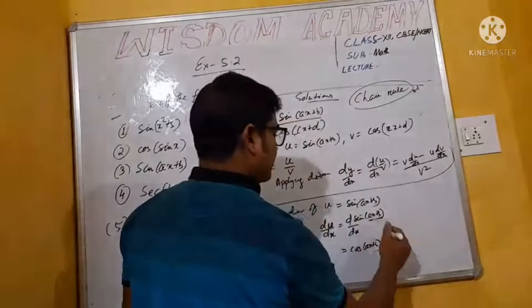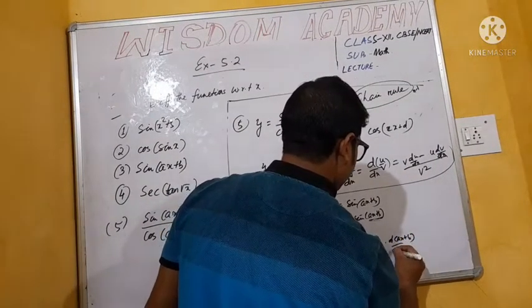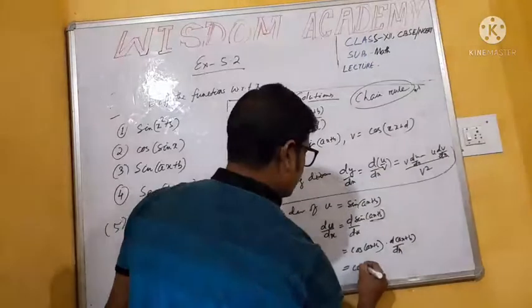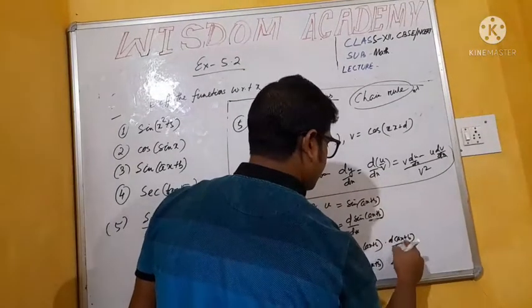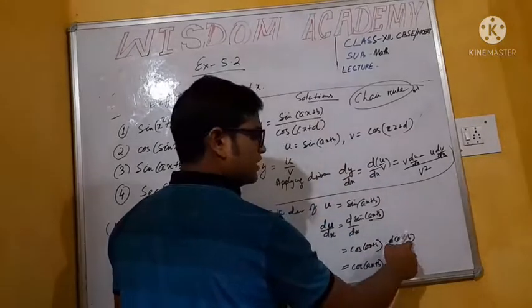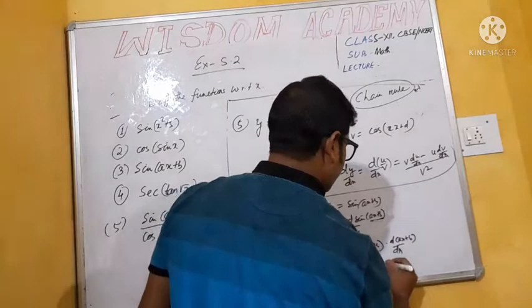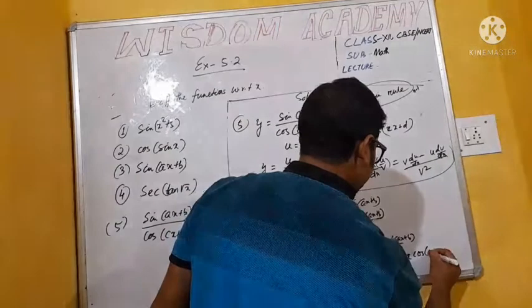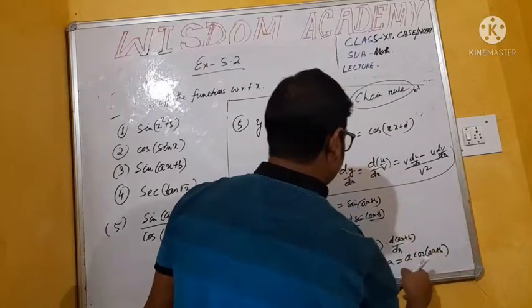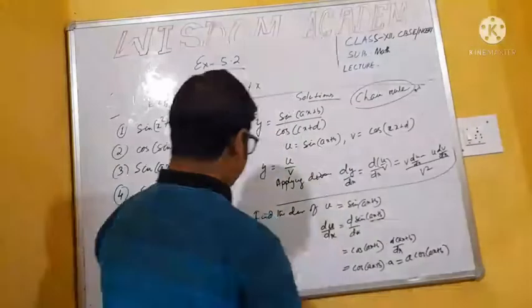Again the derivative of ax plus b: cos ax plus b into the derivative of ax plus b. The derivative of b is 0, the derivative of ax is a. So you can write a into cos ax plus b, the derivative of sin ax plus b.